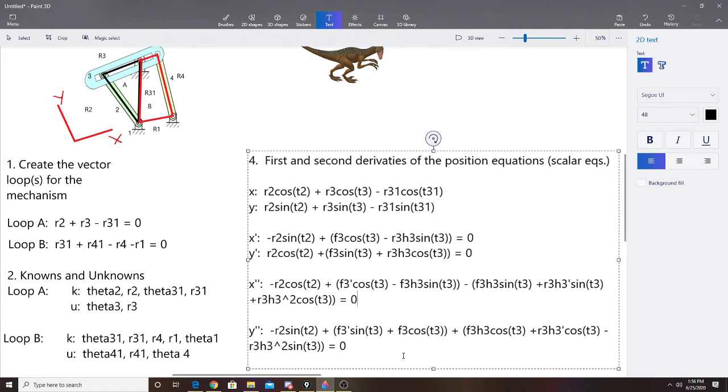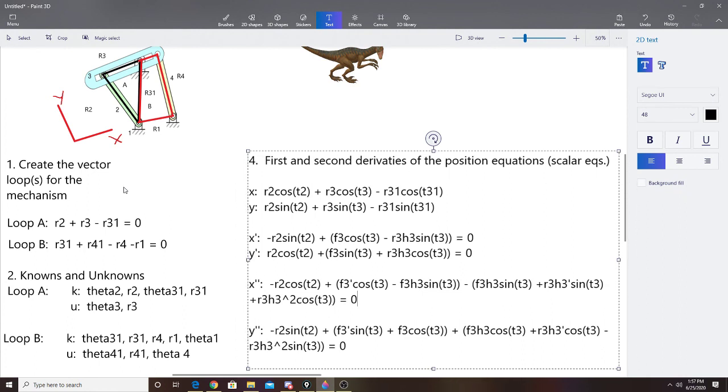So once again, the thing that you're going to be tested on is specifically your ability to do this part and your ability to navigate these knowns and unknowns. So basically your exam is going to be as follows. I'm going to give you a vector loop such as this, or something of the like. I'm not going to tell you what is unknown and known.